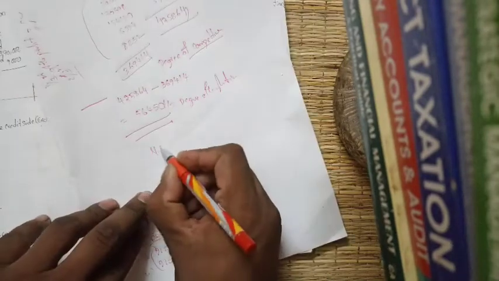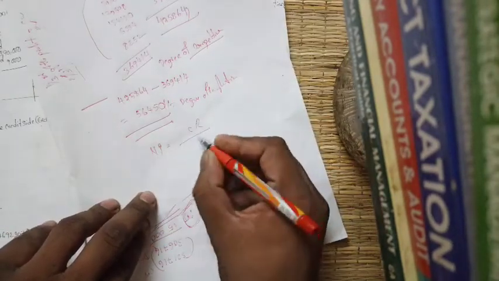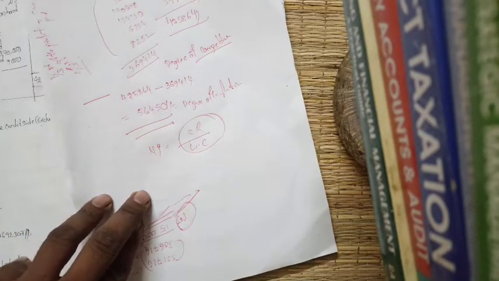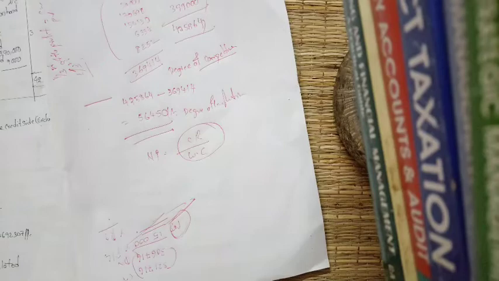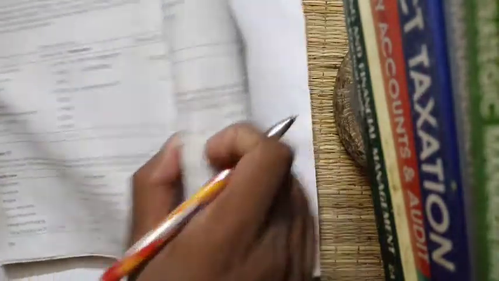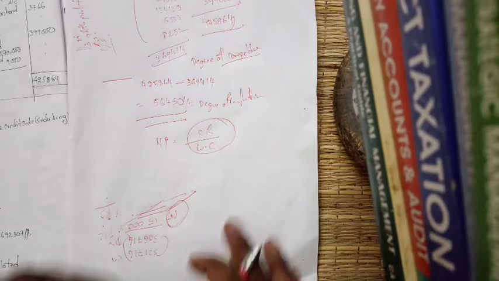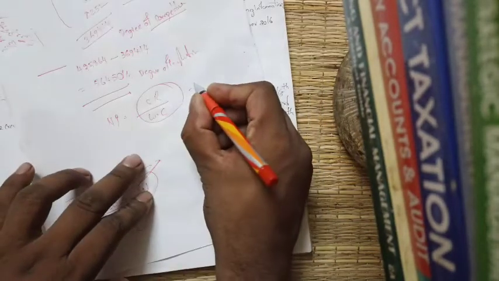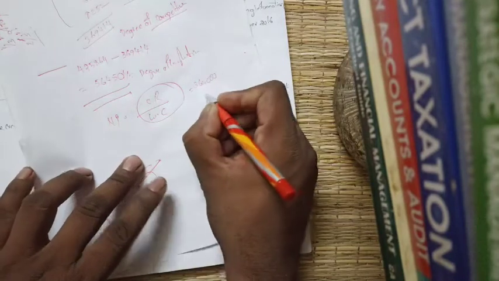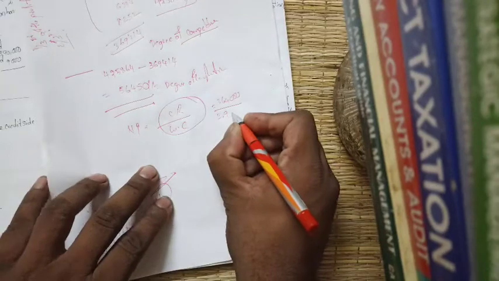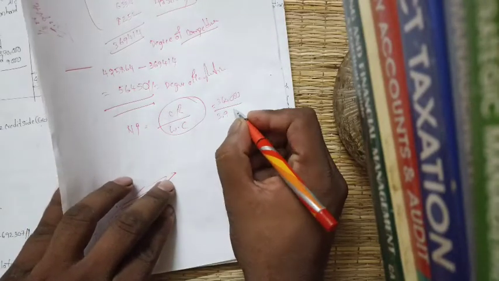Notional profit is calculated as cash received divided by work certified. So how much is the cash received in the examination problem? 3,60,000 is the cash received. Work certified is given, total work certified is 3,90,000.